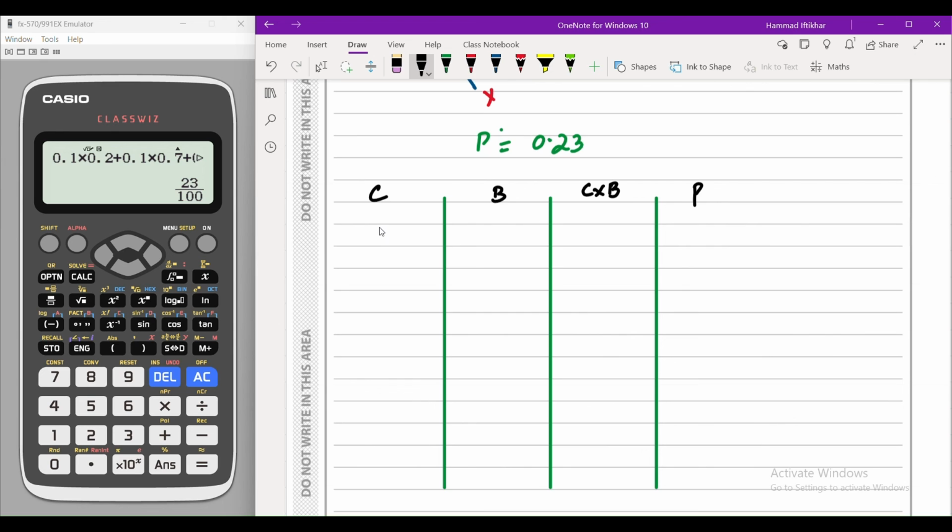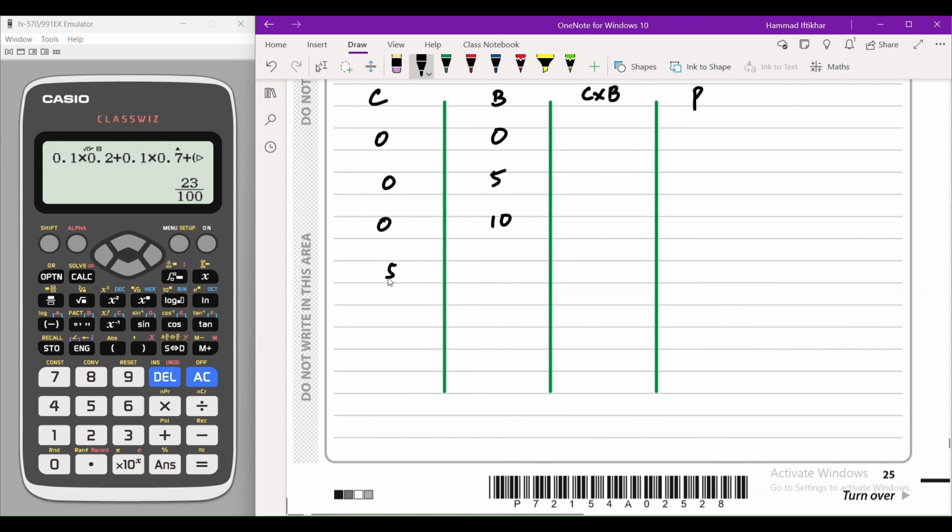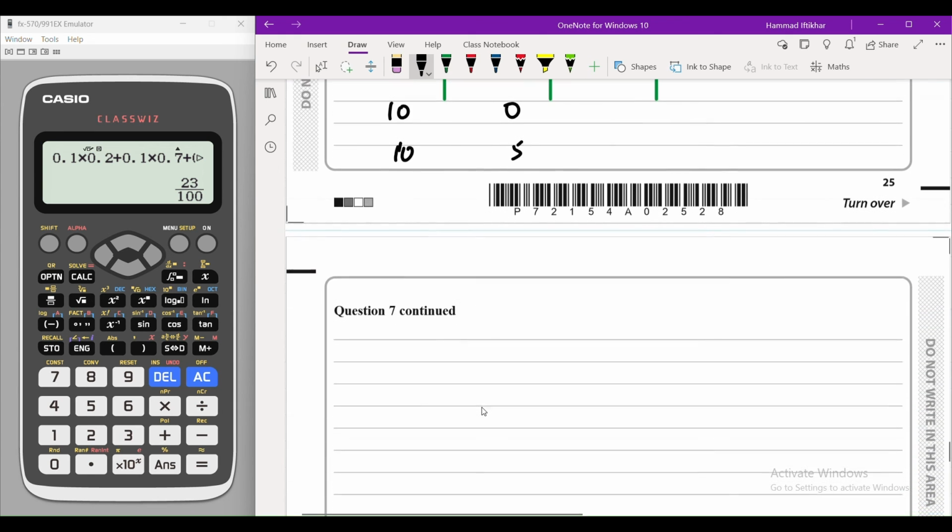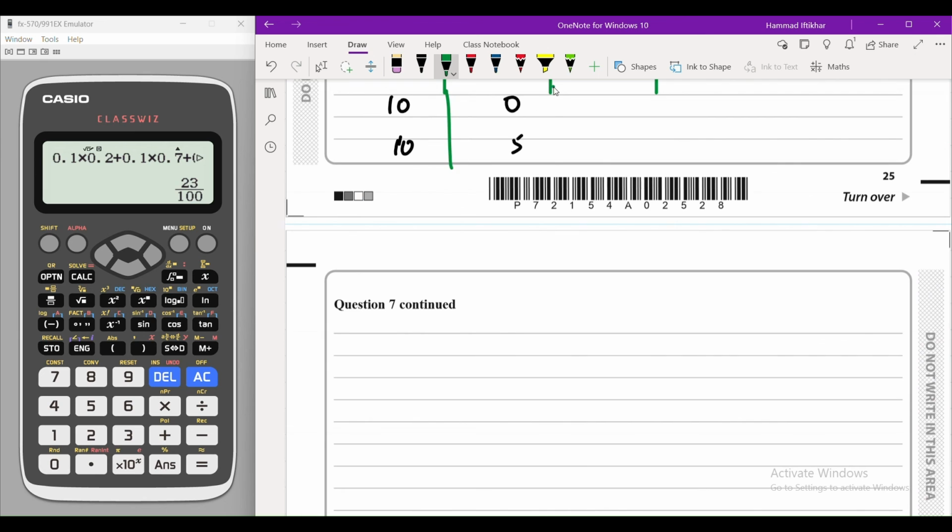So the combinations can be 0, 0; 0, 5; 0, 10; 5, 0; 5, 5; 5, 10; 10, 0; 10, 5; and 10, 10.